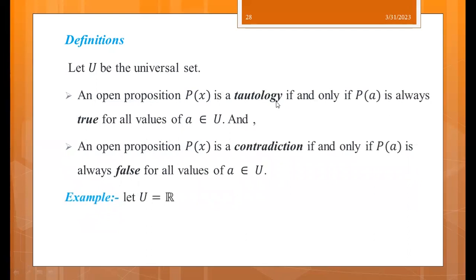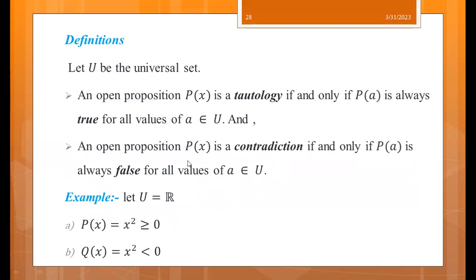As an example, let us assume that the universal set is the set of real numbers, and the first open proposition is P of x, which is x squared greater than or equal to 0. And the second one is Q of x, which is x squared less than 0.